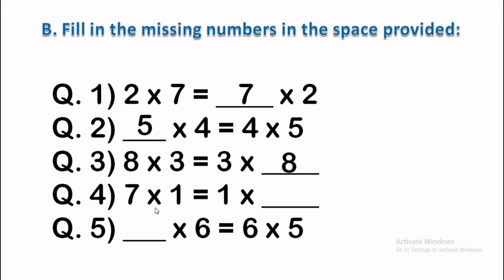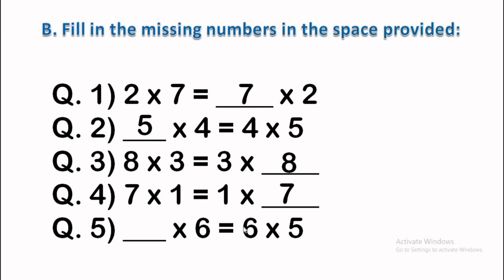In number 4, 7 into 1 equals 1 into blank. On both sides 1 is there, and on the left side we have 7, and on the right side there is a blank. So we'll write 7 here. Question number 5. Dash into 6 equals 6 into 5.